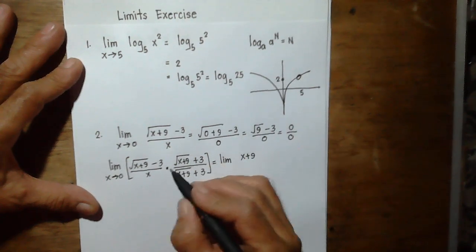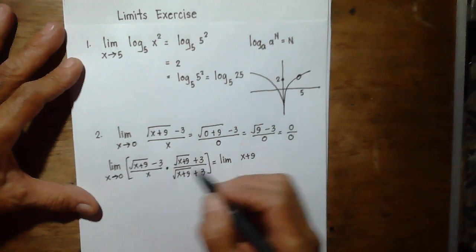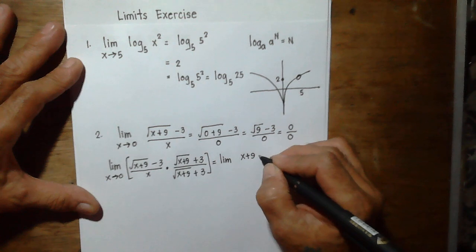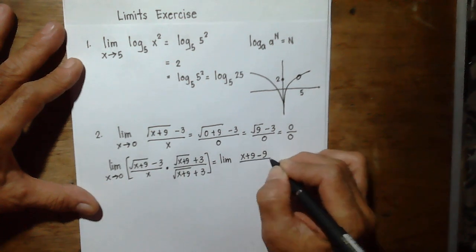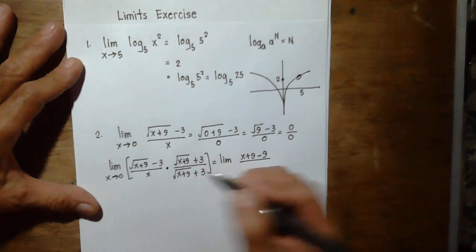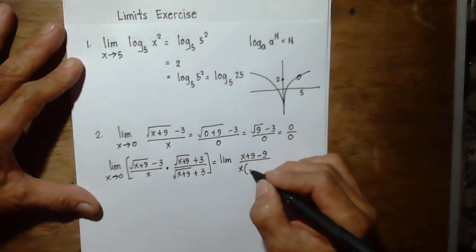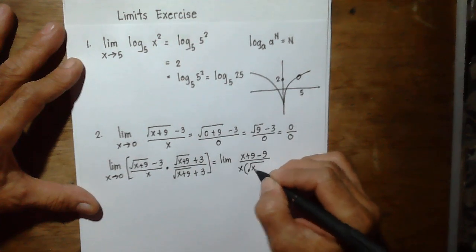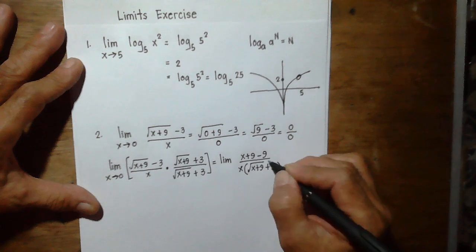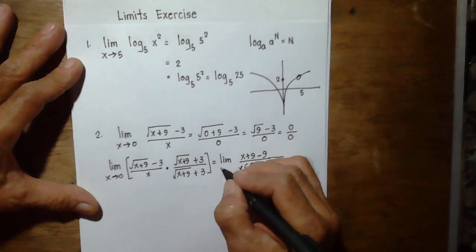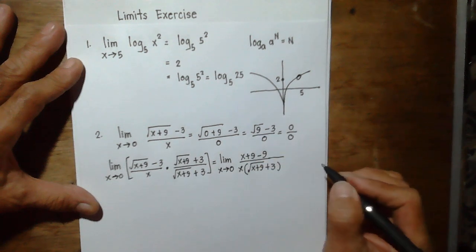And if you multiply negative 3 by positive 3, that gives us a negative 9 over x times square root of x plus 9 plus 3 as x approaches 0.